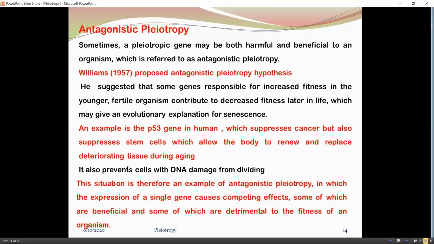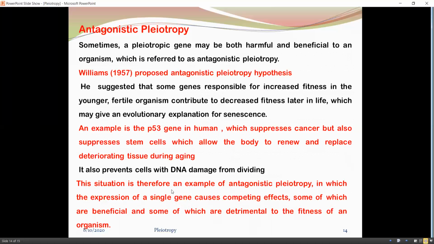An example is the P53 gene in human, which suppresses cancer but also suppresses stem cells, which allow the body to renew and replace deteriorating tissue during aging. It also prevents cells with DNA damage from dividing.